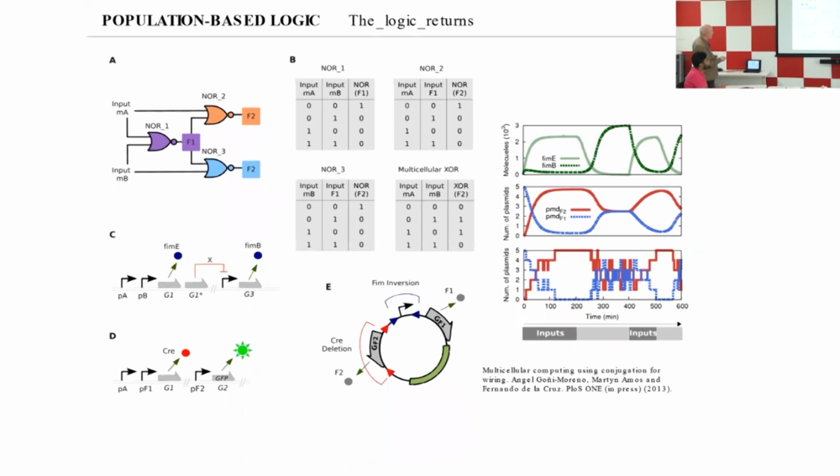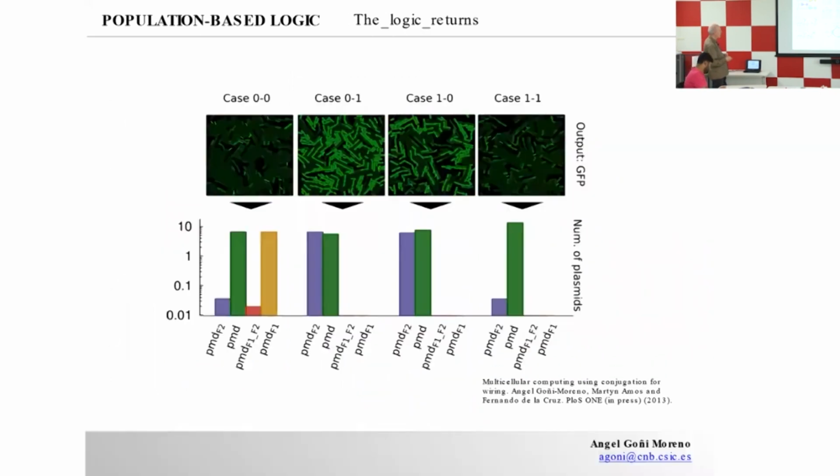The trick in this case is that you have a plasmid that will enter into the next strain a signal that will be computed by the receiver, and then the combination of the two in turn will emit another signal that can be delivered to another recipient of the conjugation. The basis of these interactions is not diffusion of an autoinducer, but conjugative bridges. I don't want to go into detail, and I think you have enough circuits, and it's a complex story.